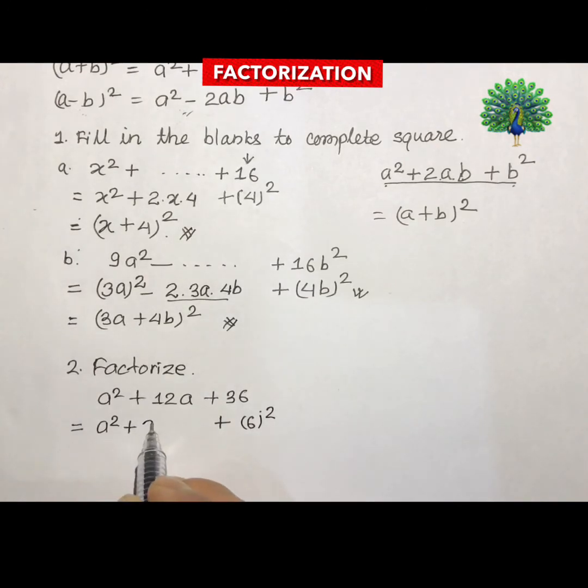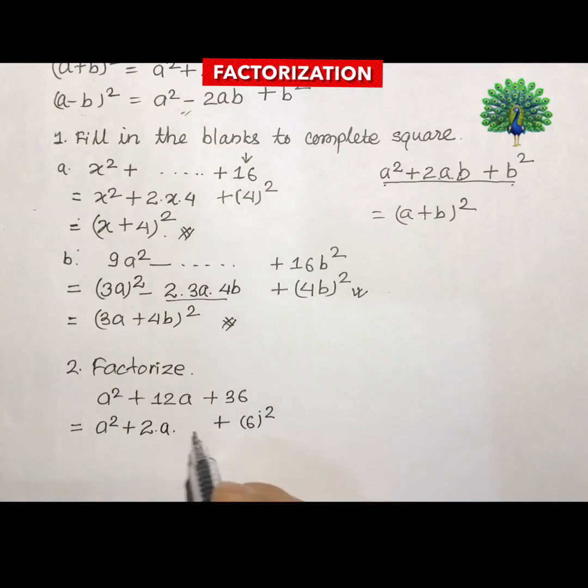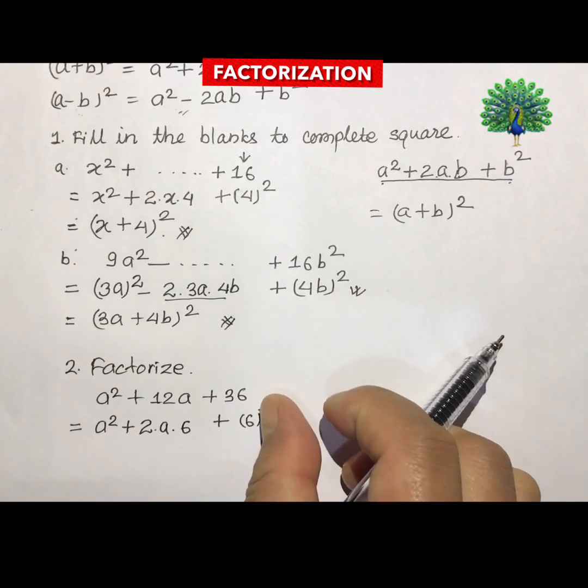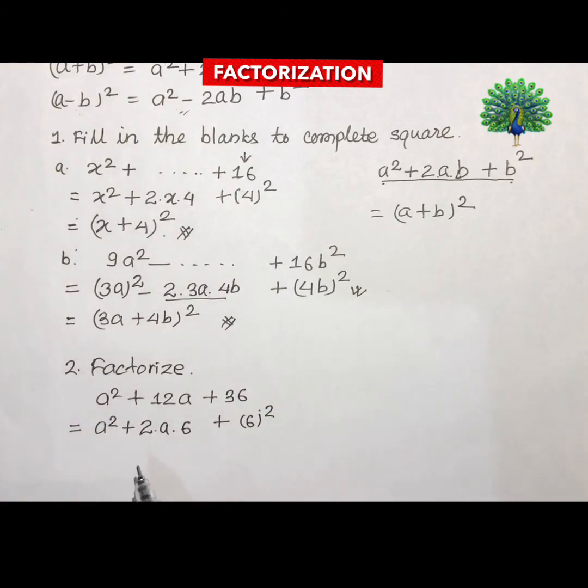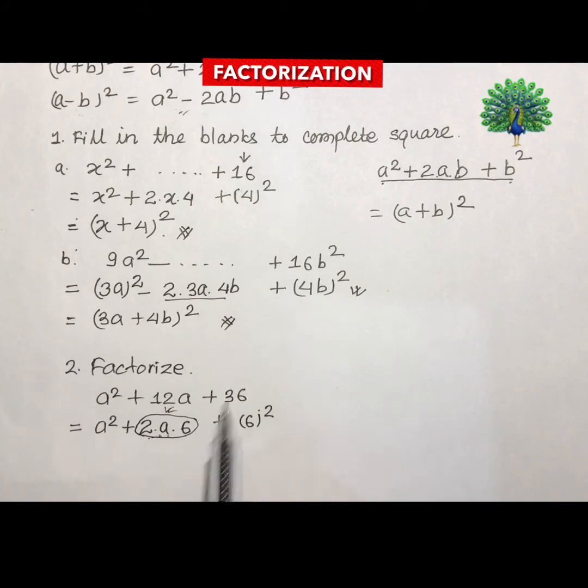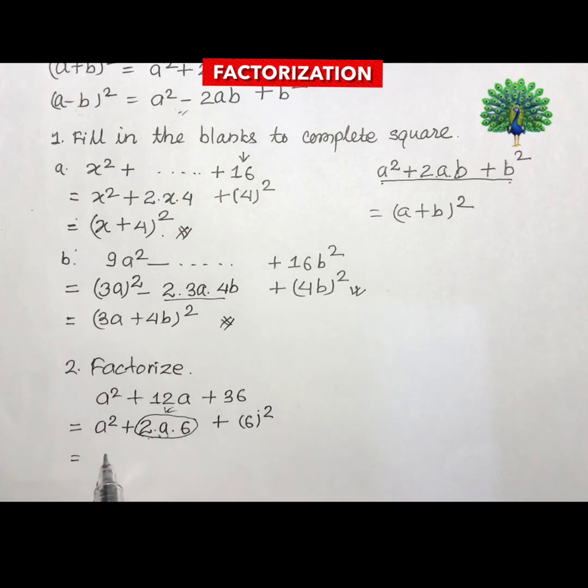Now a means the term when you cover the square, and b means 6, when you cover the square, what is seen is b. In place of 12a, we write it in this form so that it becomes the formula. Now look here, a square plus 2ab plus b square is in the formula, so apply the formula: (a + b) whole square. This is the factorization of these three terms using the formula.